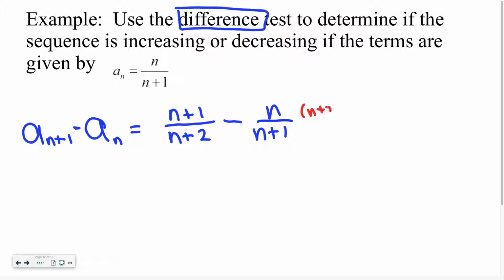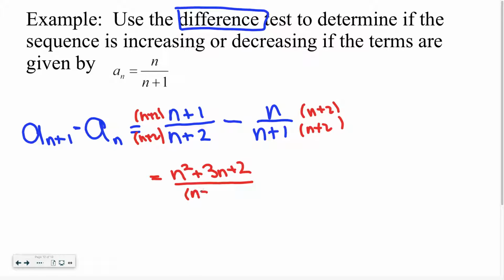Common denominator. Okay, so we have n squared plus 3n plus 2. Oh, no, sorry, plus 2n plus 1, isn't it?